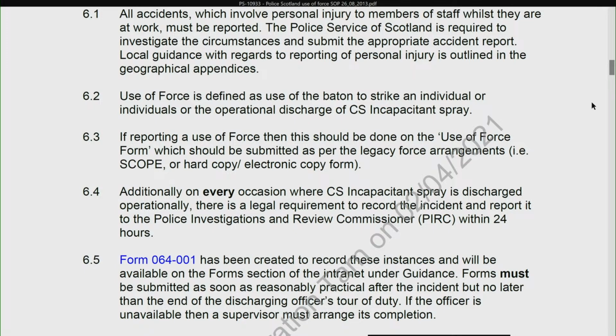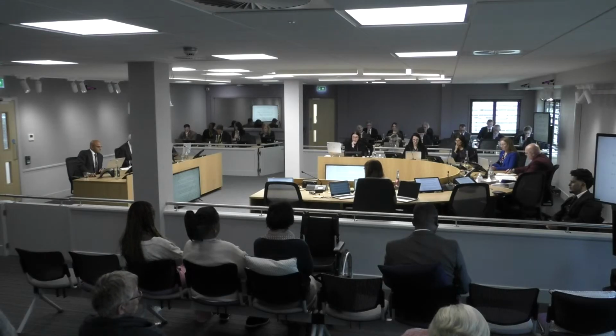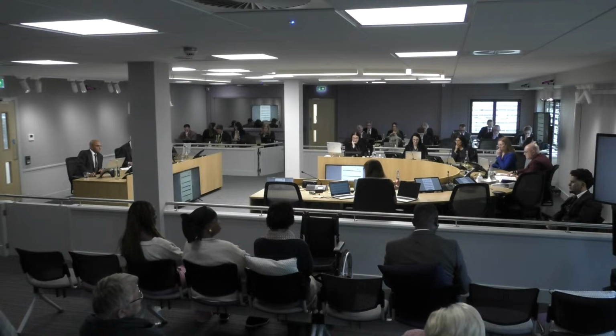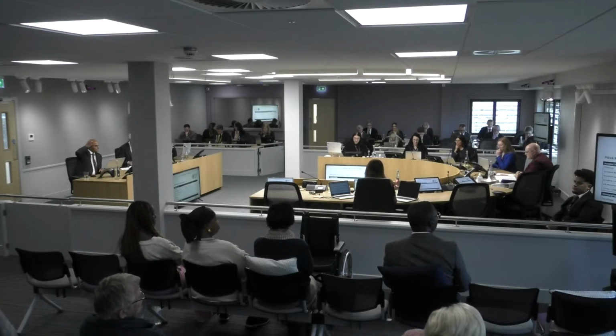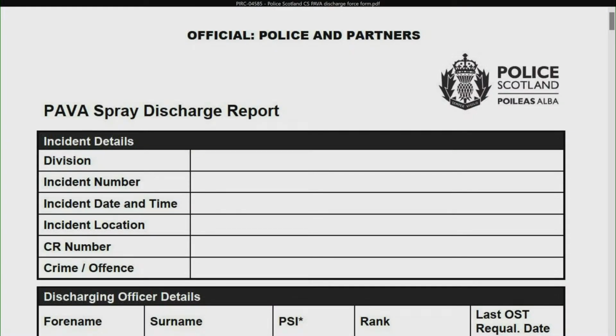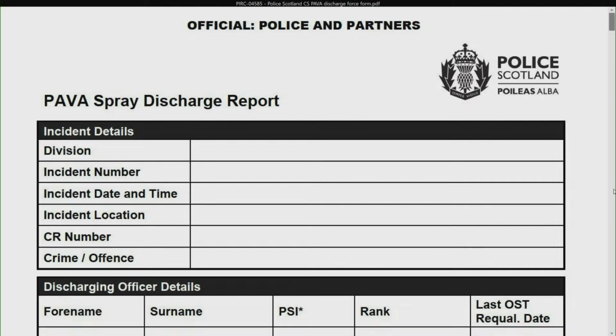We see at the bottom of the screen. And again, just to clarify, if we could look at PERC 04585. Now, you had pointed out in the definition section at 6.2 of the SOP, things like empty hand, restraint, takedown, handcuffs and fast straps weren't mentioned at all. Yes. But I think we see in this form, it's a PAVA spray discharge report. The previous one we looked at was also about PAVA spray and discharge.